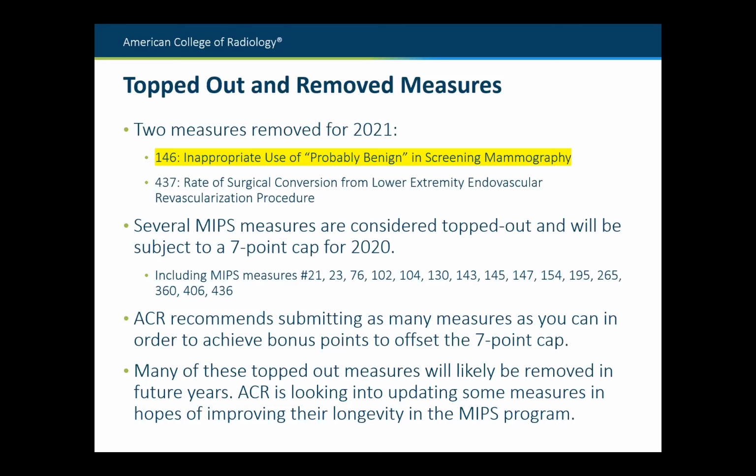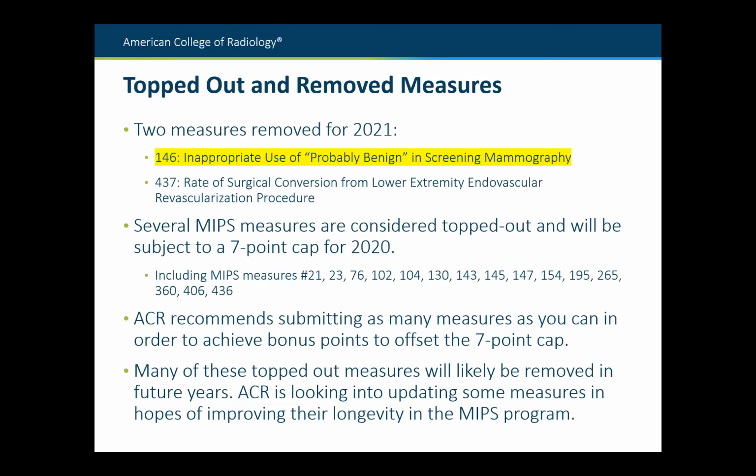And in addition to these measures being removed, there are several measures that are also considered topped out and are going to be capped at 7 points for 2020. Of these measures, I think the ones that are most popular would probably be 145, 195, 360, 406, and 436.